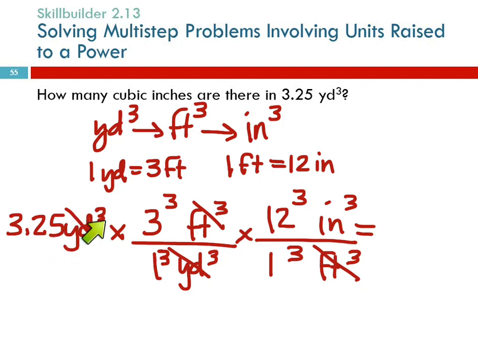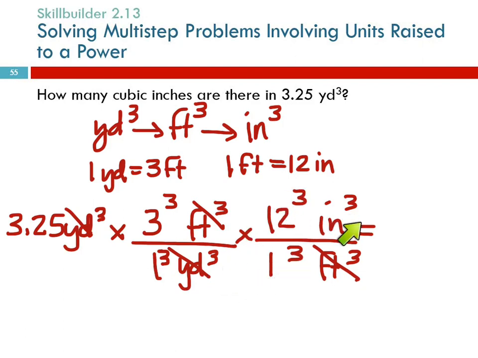Sometimes people, when they see cubic units, want to cube all the numbers. No, just the ones in these conversion factors, because if you need to get cubic feet, you have to cube the whole thing. But do not cube the number that you're starting with. Don't do that.